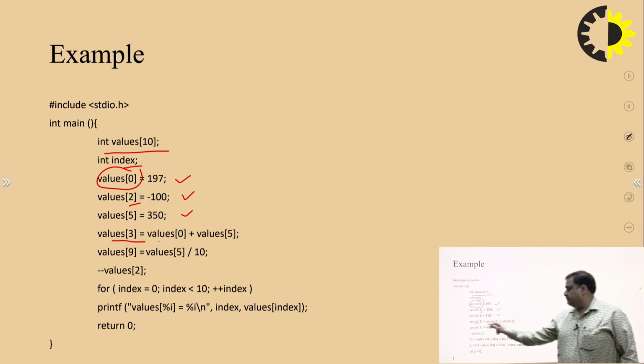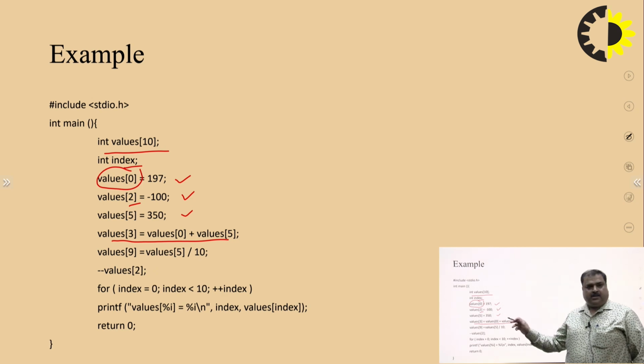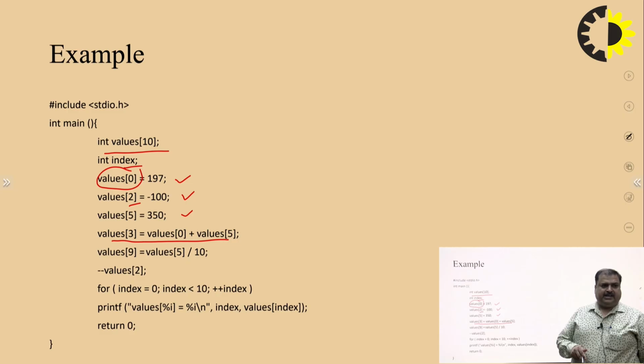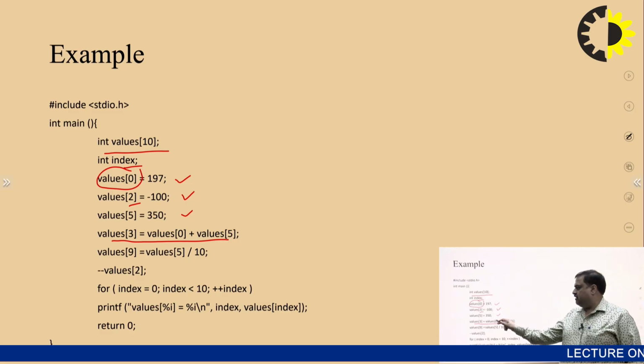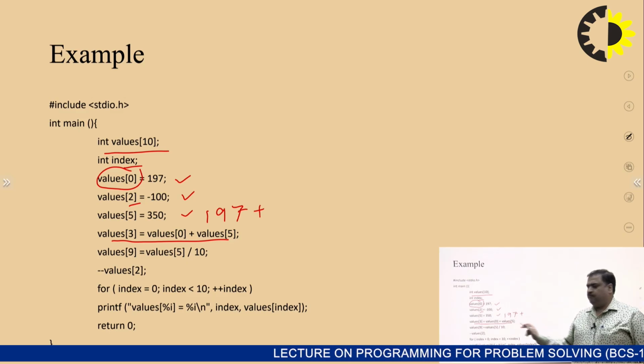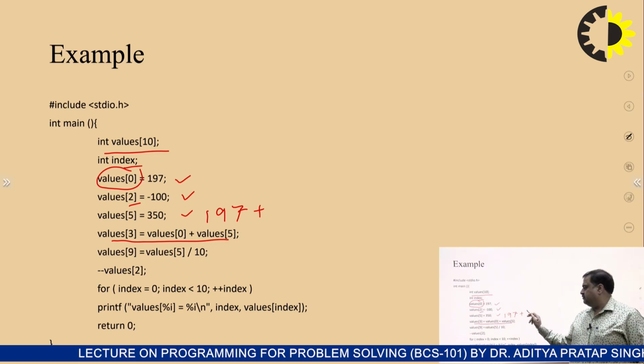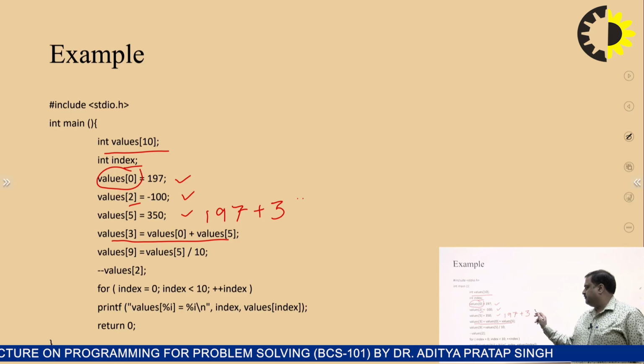Here we can do operations like this also. values[3] is equal to values[0] plus values[5]. So what will happen? To store a value at index 3, it will calculate values[0], which we have taken as 197, plus values[5], which is 350.